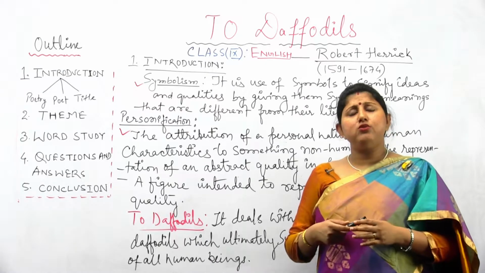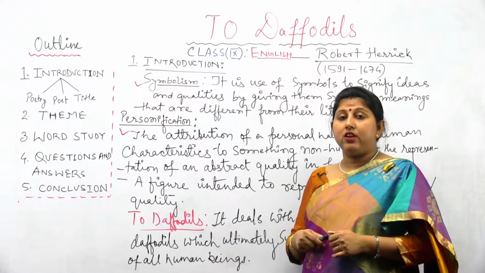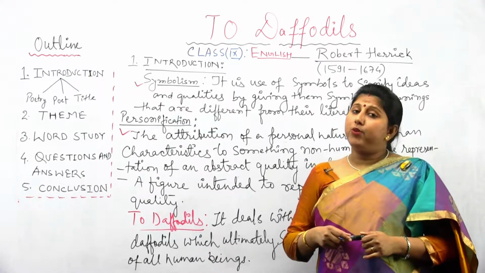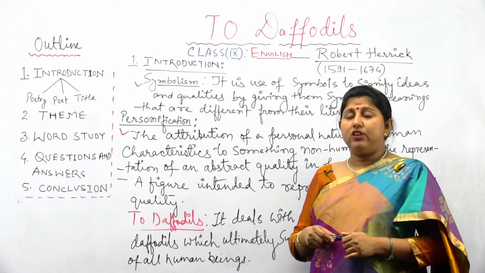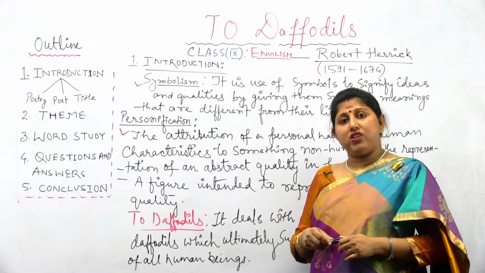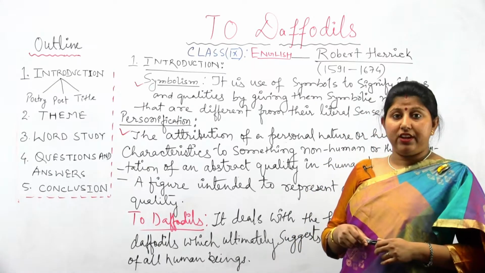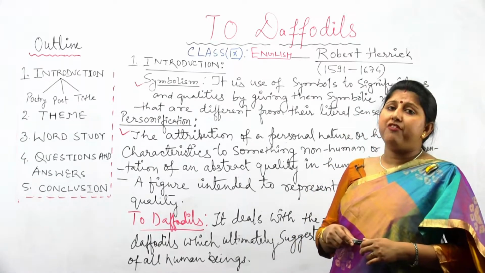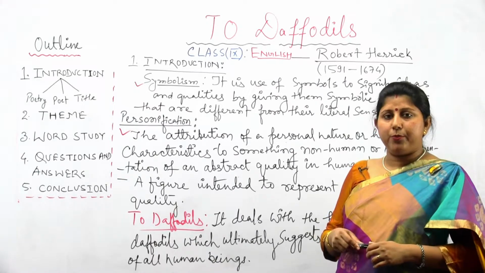So what are the tools of writing a good poem? I am going to highlight what makes poetry different from other genres of literature, and how the poet Robert Herrick used the various literary devices so well in his poem.